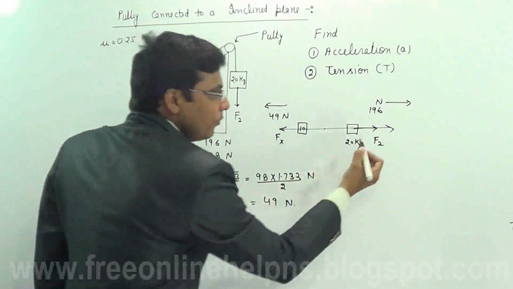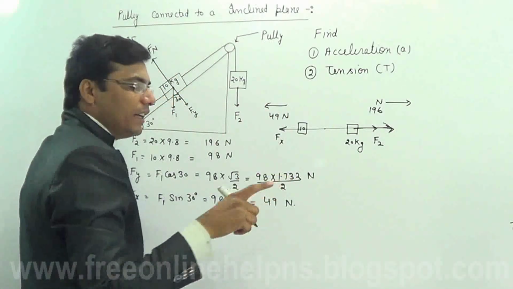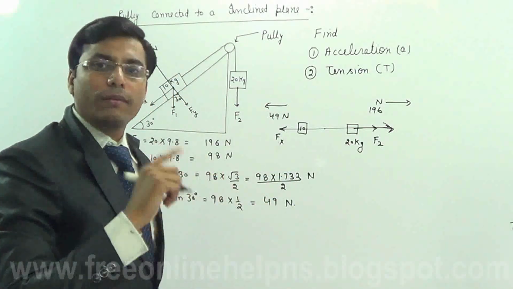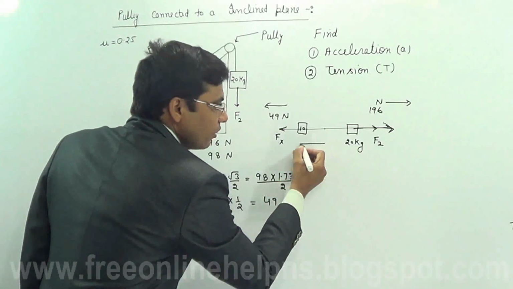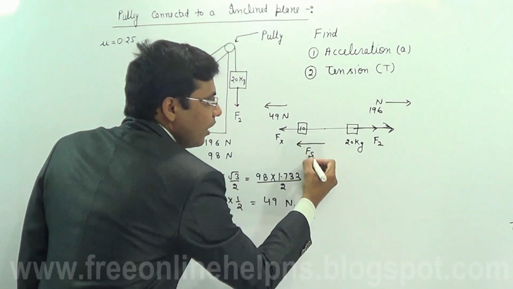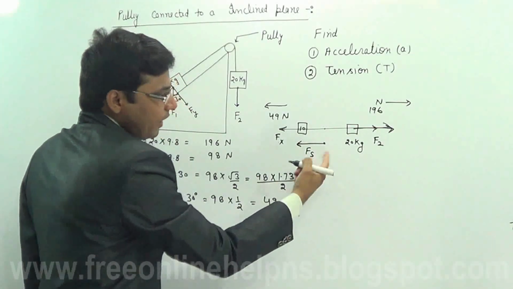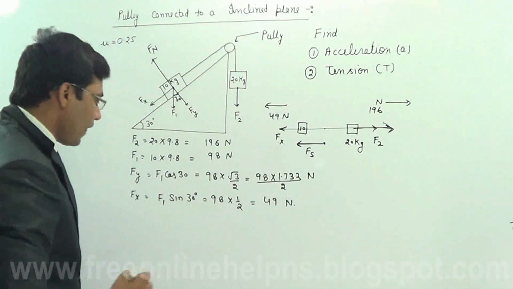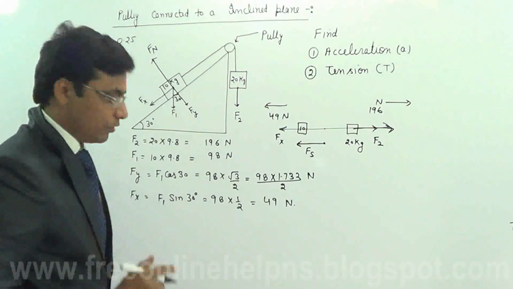If the block moves in this direction, the frictional force always acts in the opposite direction of motion. So the frictional force will act in this way. To calculate acceleration, we need to find the net force.